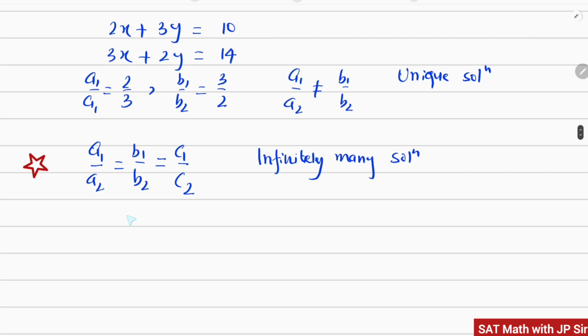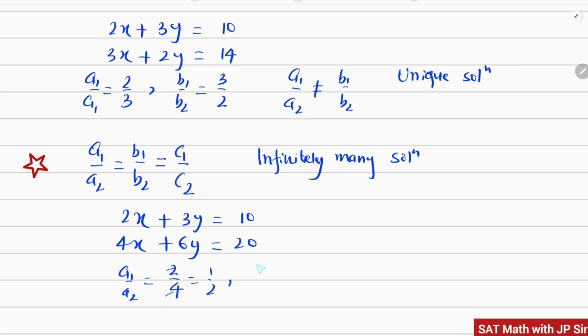For example, we have 2x plus 3y equals 10, 4x plus 6y equals 20. Here you can see that a1 upon a2 is 2 upon 4. If you simplify this, you get 1 upon 2. b1 upon b2, that is the ratio of the coefficients of y, is 3 upon 6.